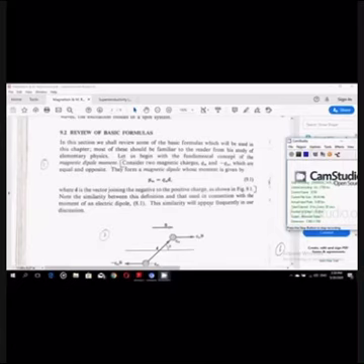Now, just like the dielectric moment, we are defining the magnetic moment of a magnetic dipole.